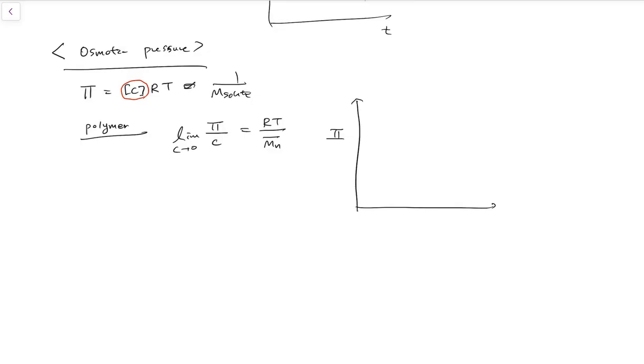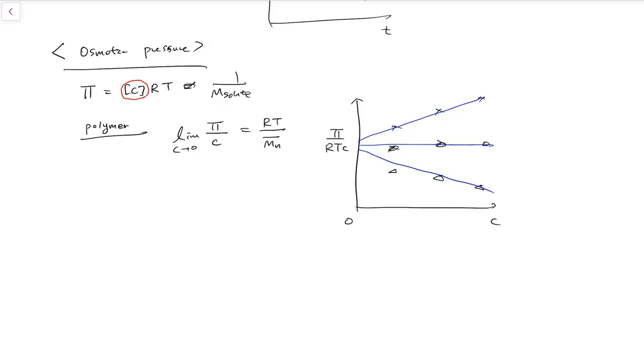So if you plot pi over RTC as a function of concentration, what you will get is this kind of graph. Depending on the type of the solvent, it shows different behavior, but anyhow it is linear.